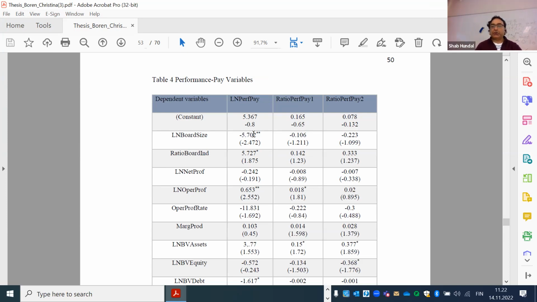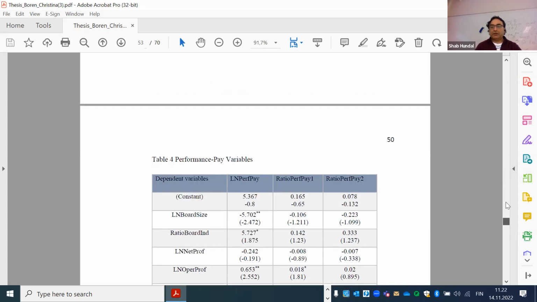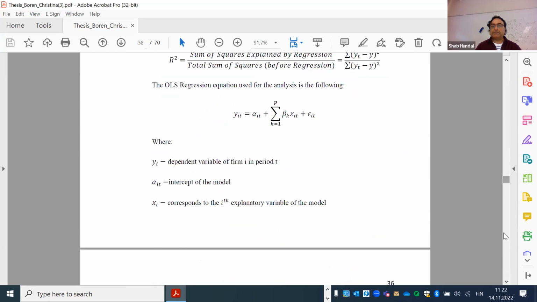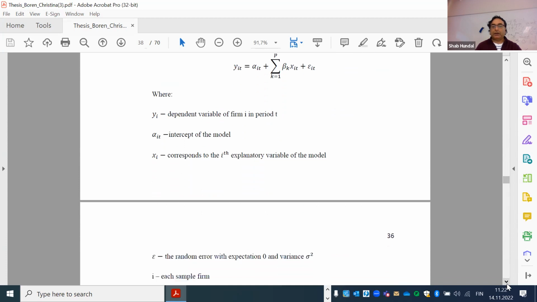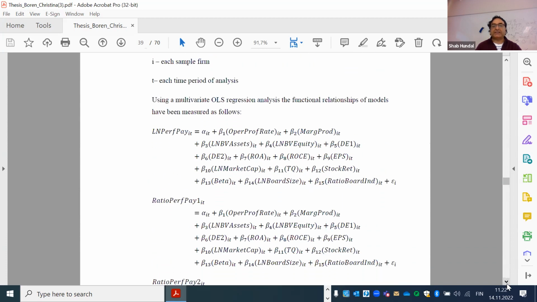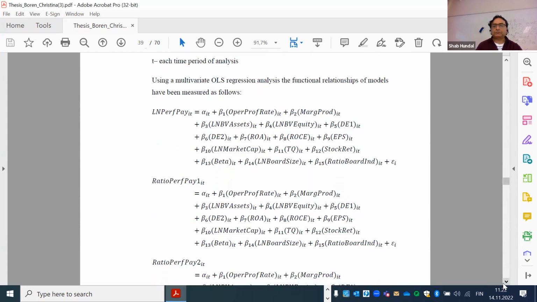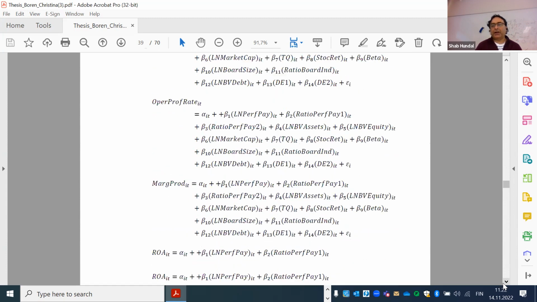Okay, and I can show you, don't get scared, because this student has many dependent variables. You can see that she has one model in which performance pay is a dependent variable, and she has many independent variables. Look, she has taken 14, 15 independent variables. Can you see that? But that's not my point at the moment.